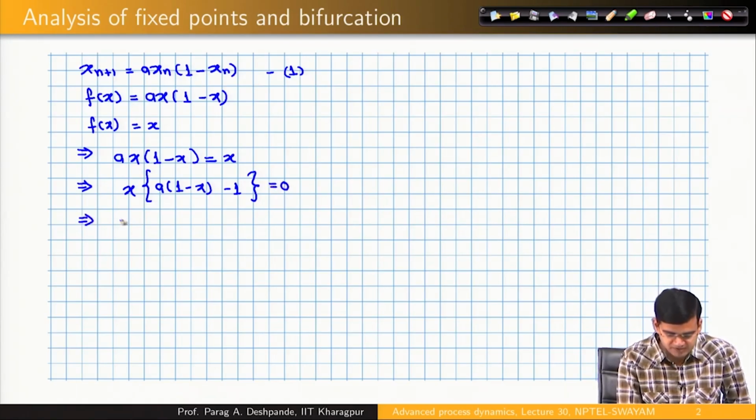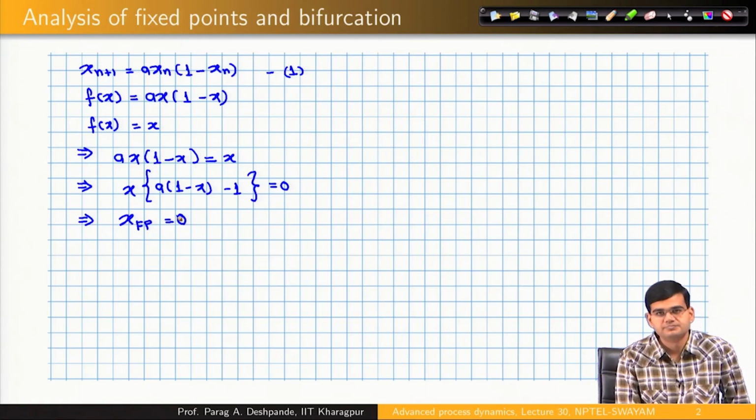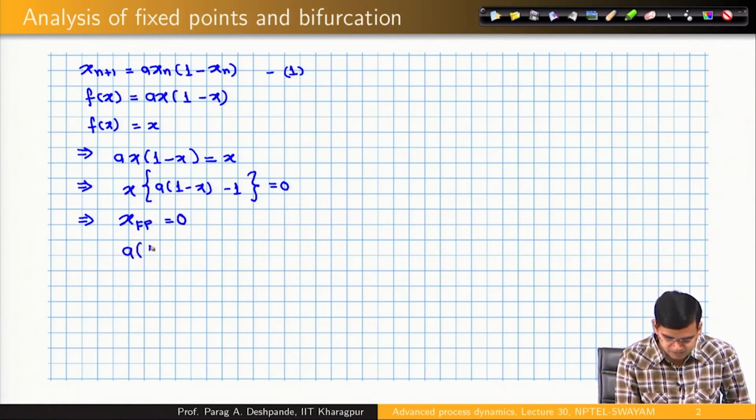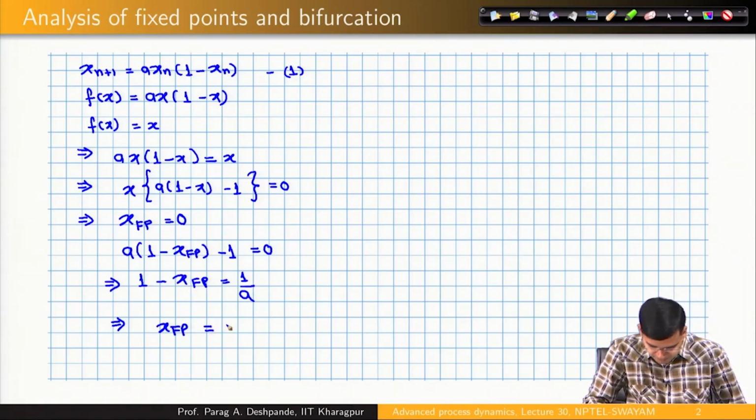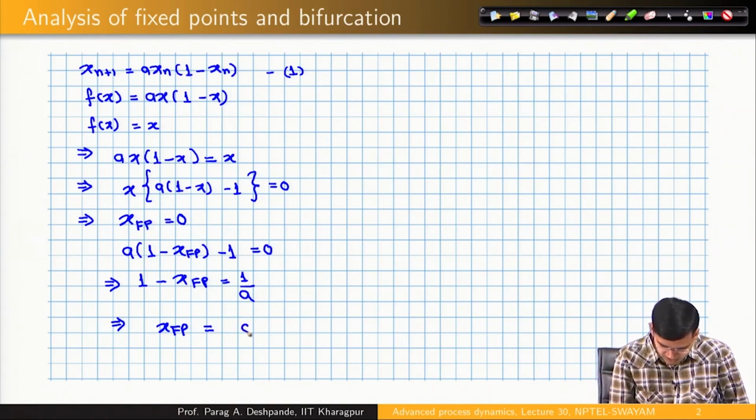Therefore, my first fixed point x* is 0, and a(1 - x*) - 1 = 0 implies that 1 - x* = 1/a, from where I get x* = (a - 1)/a.